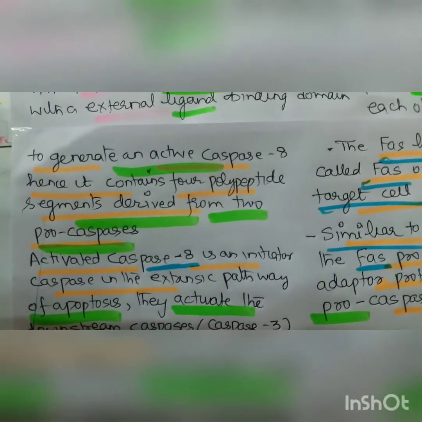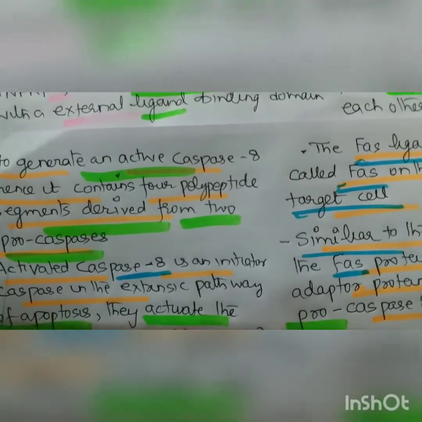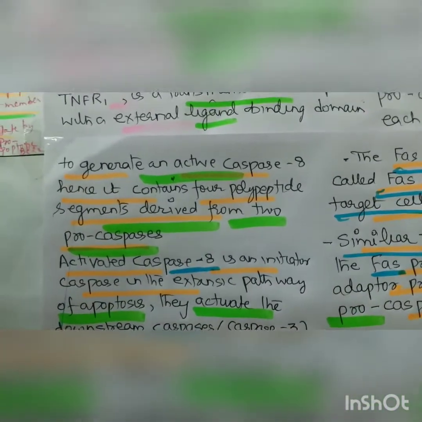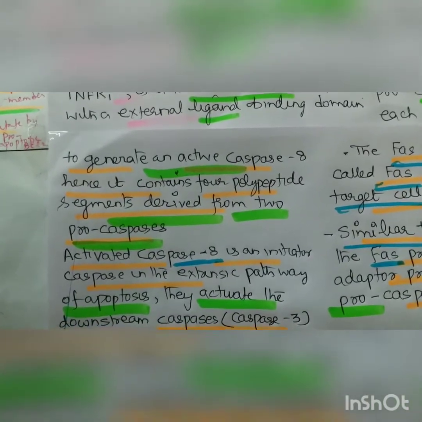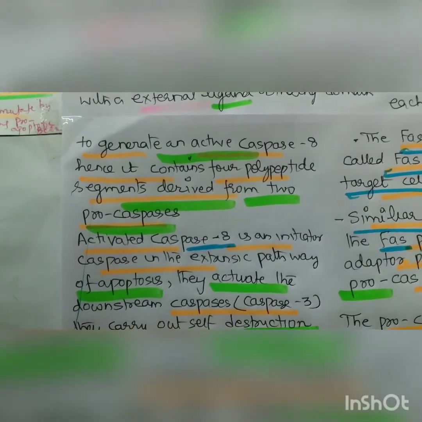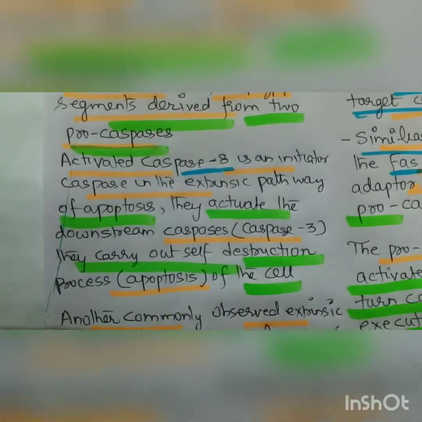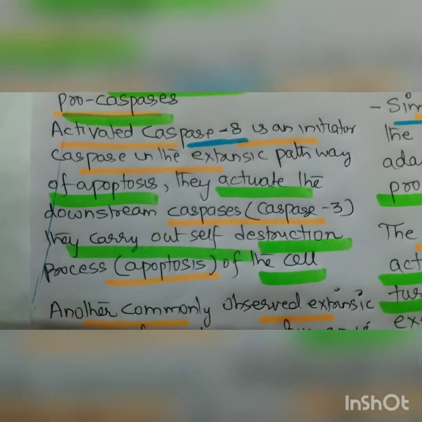Hence it contains 4 polypeptide segments which derive from 2 procaspases. Activated caspase 8 is an initiator caspase in the extrinsic pathway.